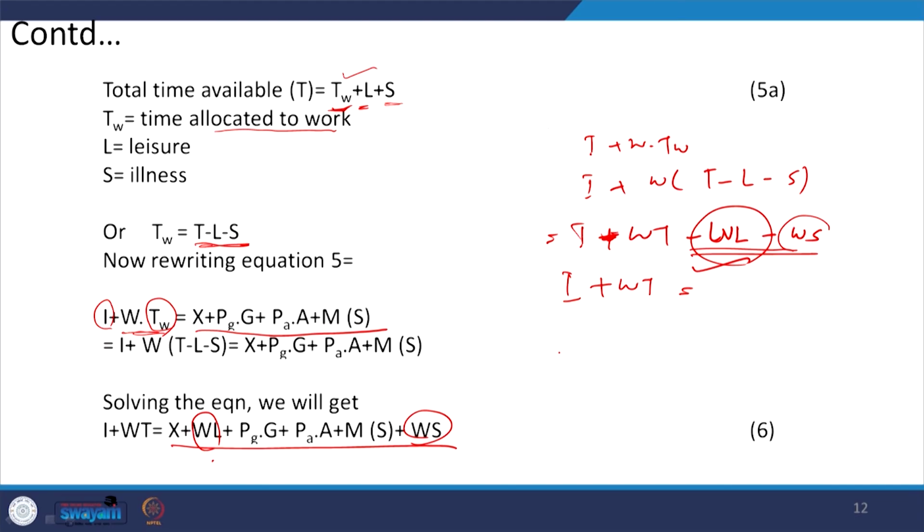In this example, I plus WT is nothing but the total income of the individual, and X plus WL is the consumption of goods as well as leisure. PG into G and PA into A, as we have already discussed, are the two ways of averting behavior. So these G and A components are the defensive expenditure.